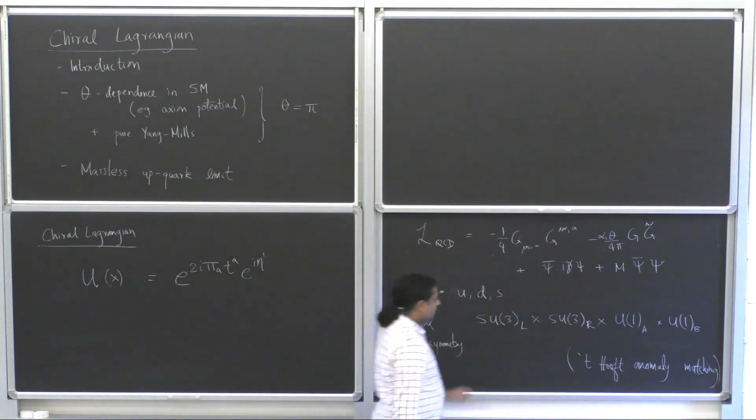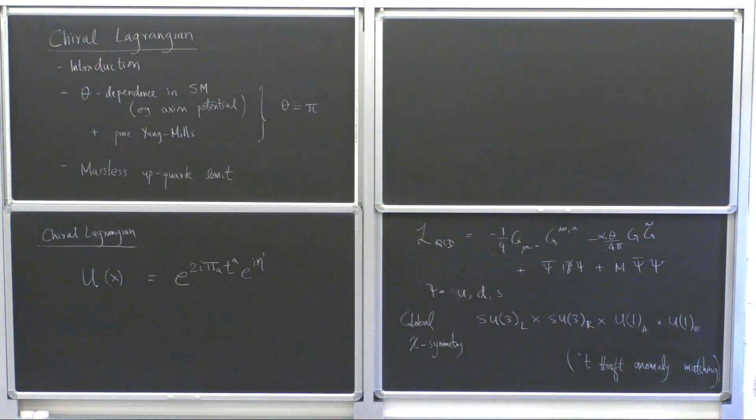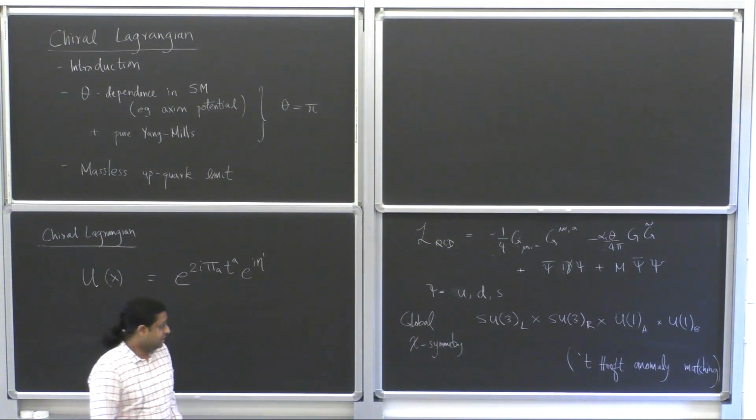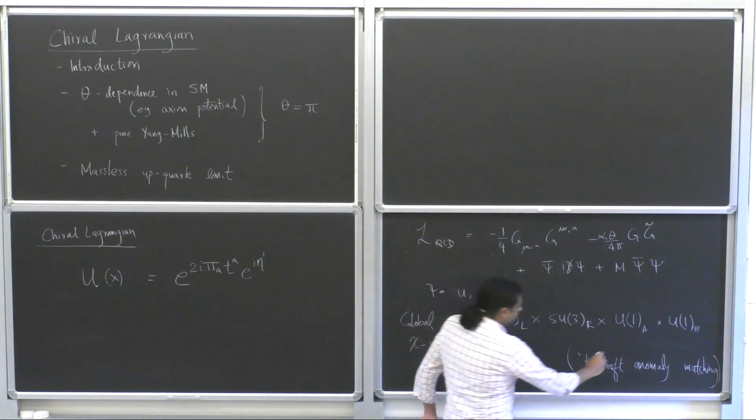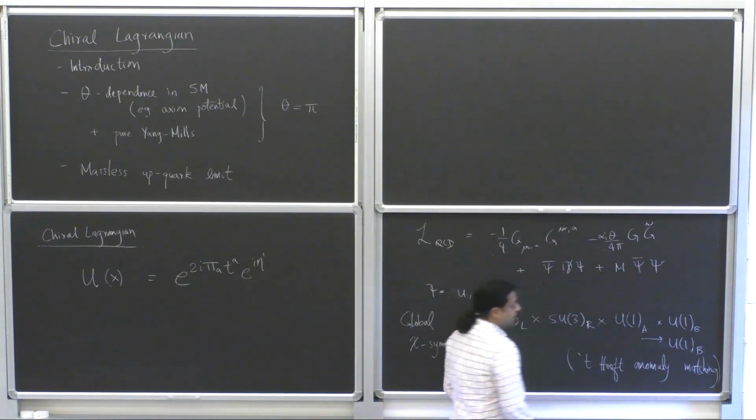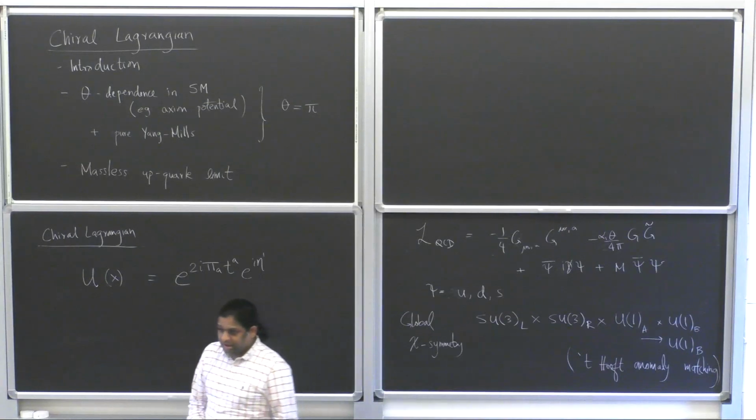The symmetry breaking pattern of this global symmetry is that the global symmetry we started with is broken down to U(1) baryon. So the vector symmetry, or the baryon number symmetry, of this Lagrangian is not broken.